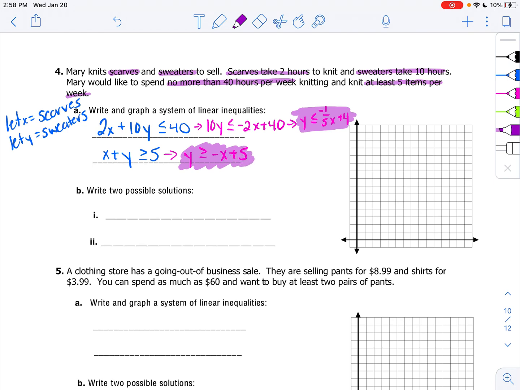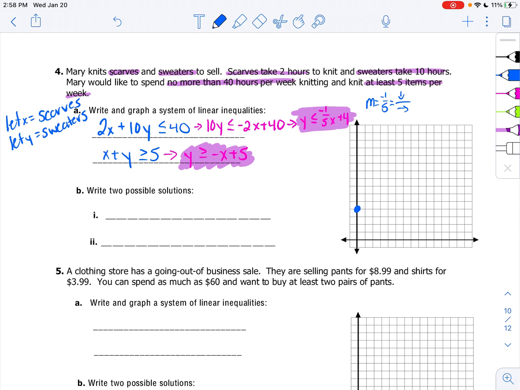So going back to the first one, to graph that, our y-intercept is 4. So on our y-axis, we're going to go up 4. And then we're going to use our slope of negative 1/5. So remember, slope of negative 1/5 means we're going to go down 1, right 5.